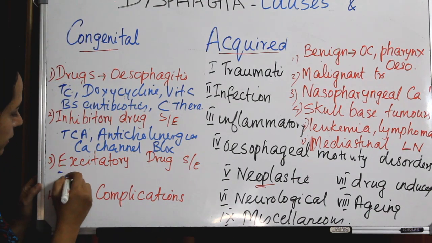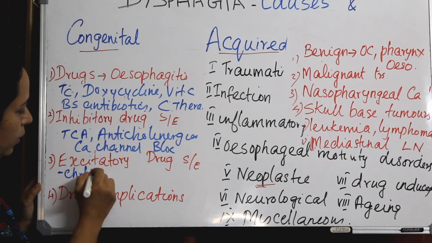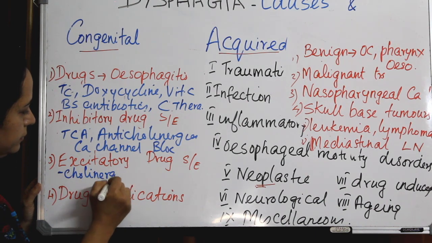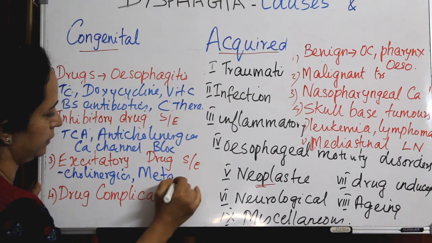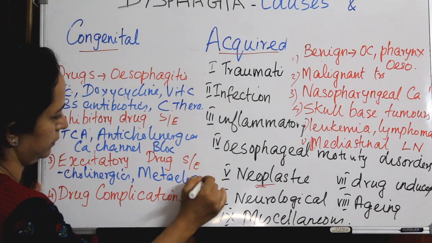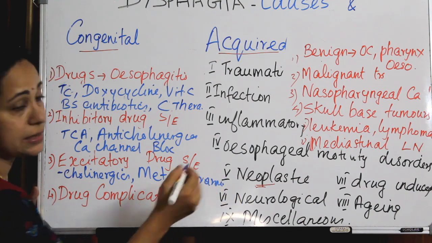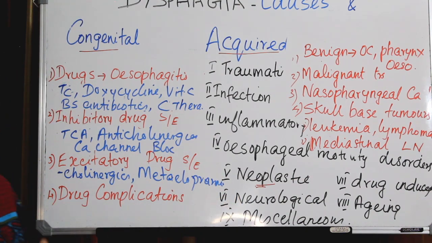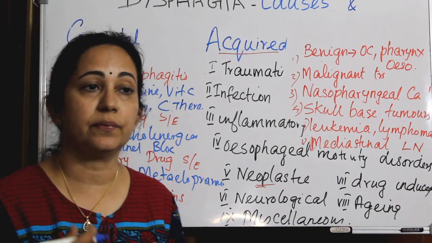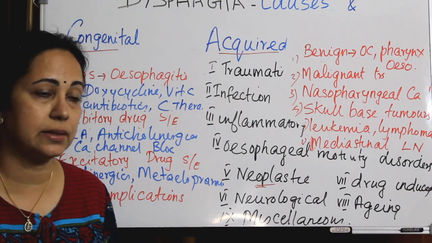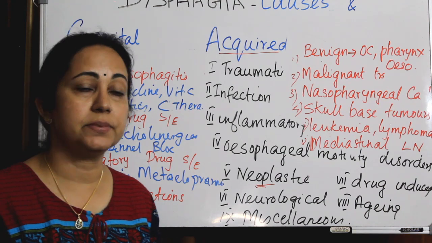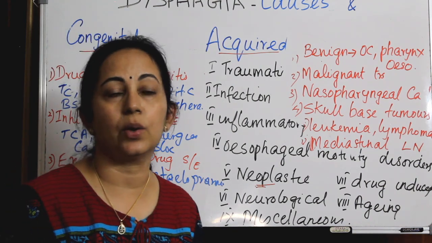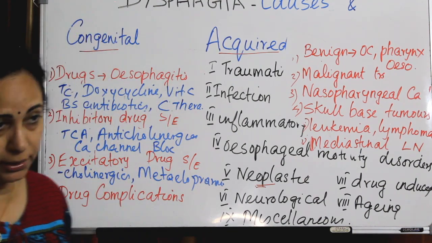Excitatory drugs like cholinergic agonists, then metoclopramide, then cisapride. They will increase the esophageal emptying, that is, esophageal emptying is made rapid, and also gastroesophageal reflux is increased.